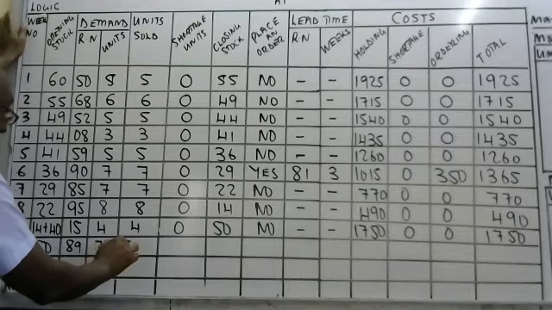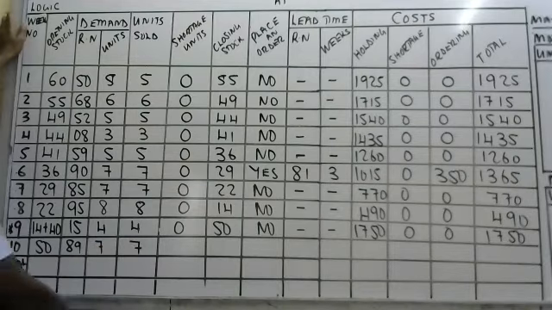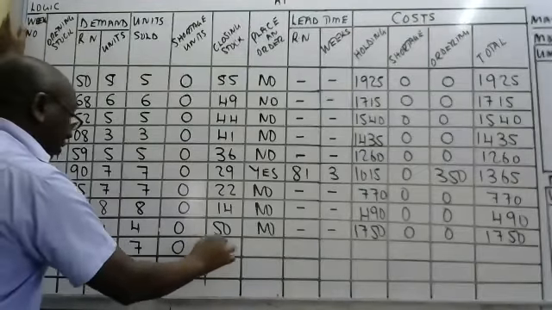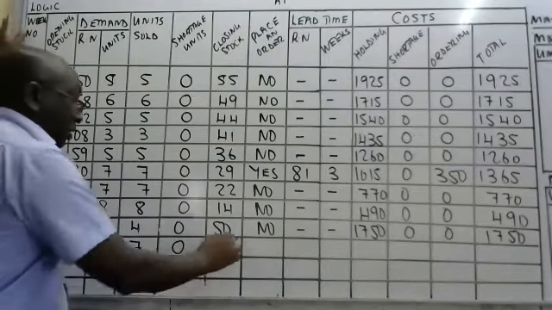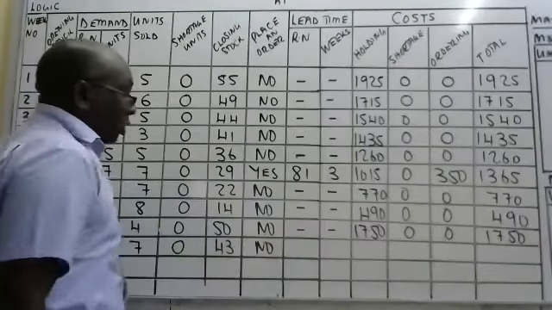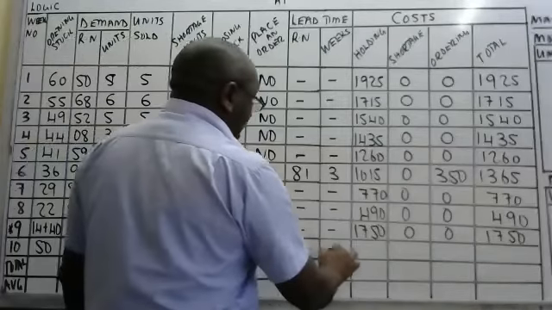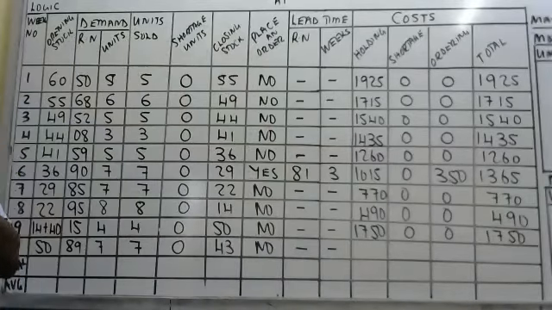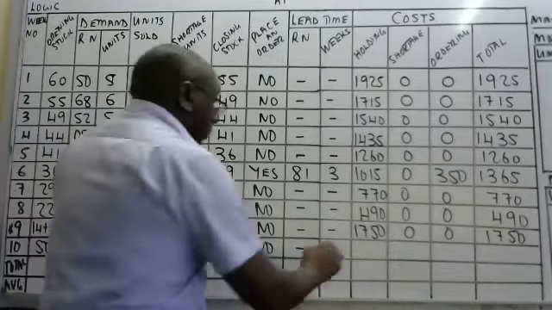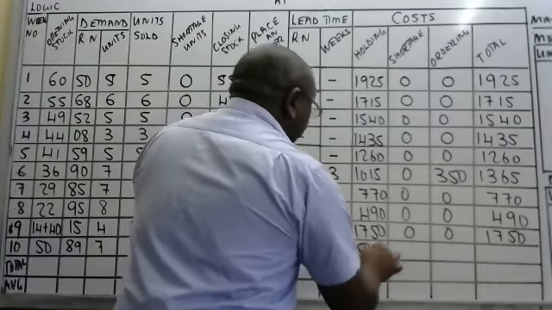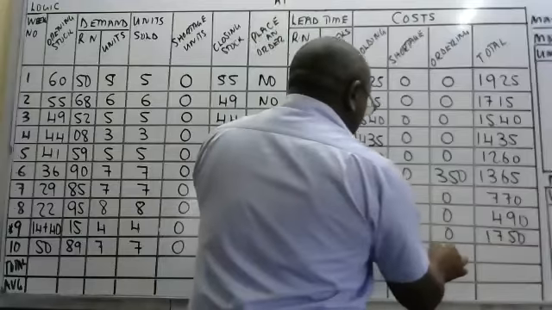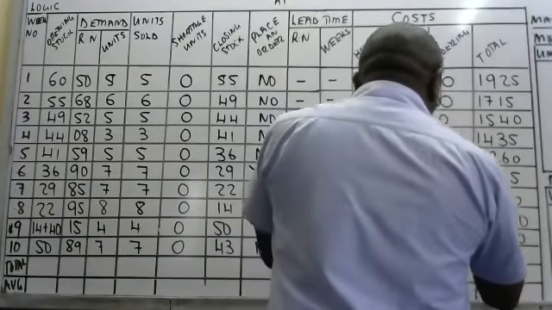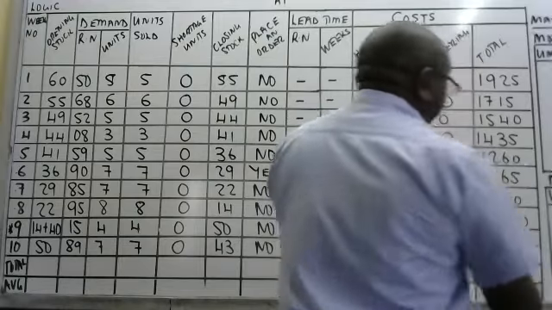So how many units do we sell? 7. So no shortage. Closing stock is 40. Do you place the order? No. So nothing here. So the holding cost is 1505. No shortage, no ordering. And the total is 1505.